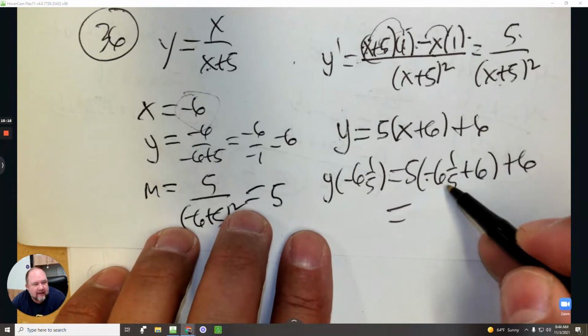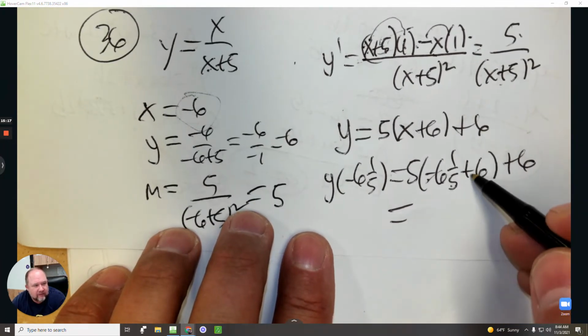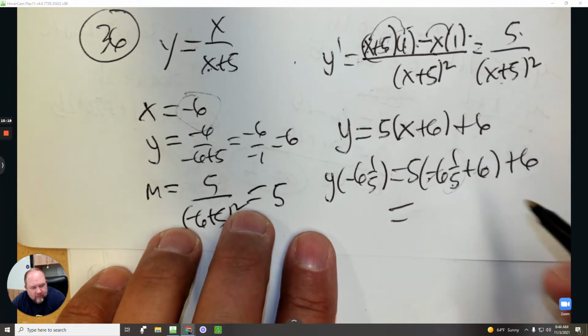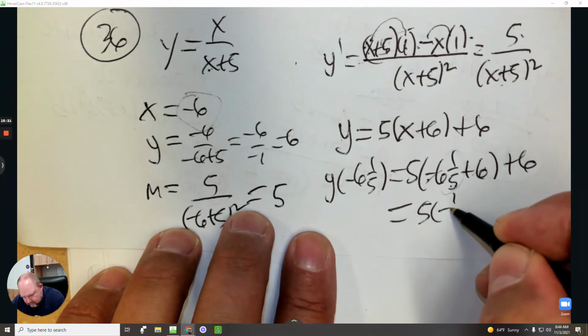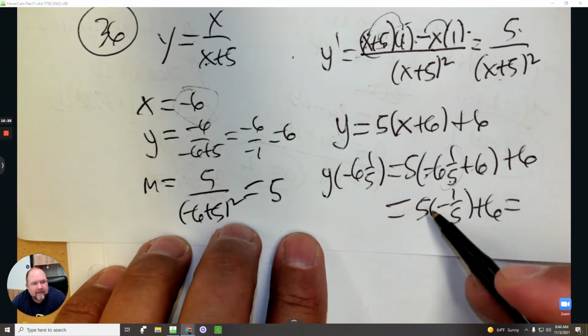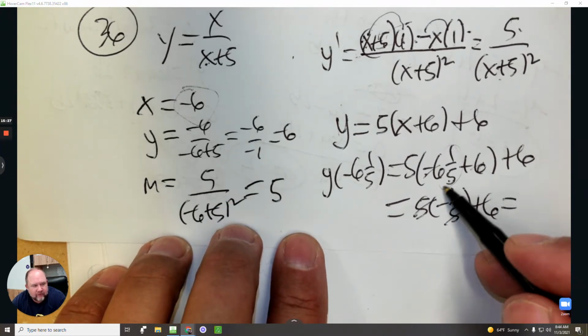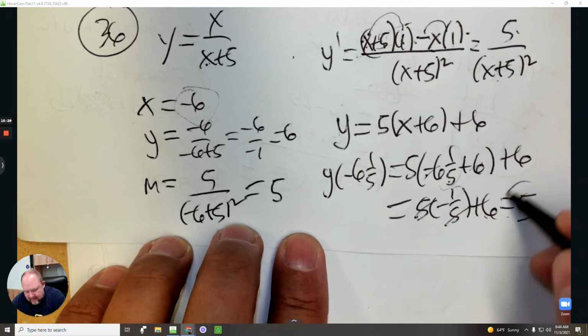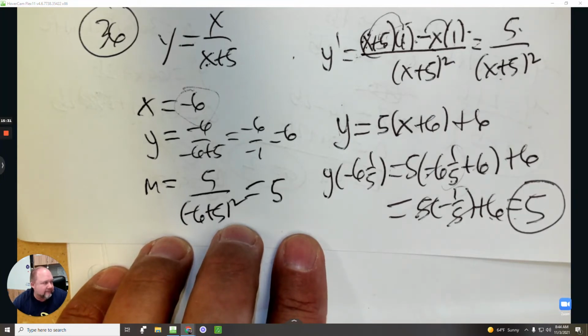So if I plug in negative 6 and 1/5, minus negative 6, you're left with negative 1/5. You need to have a little bit of number sense there. The 5s divide out, so it's negative 1 plus 6, so the estimate answer is 5.